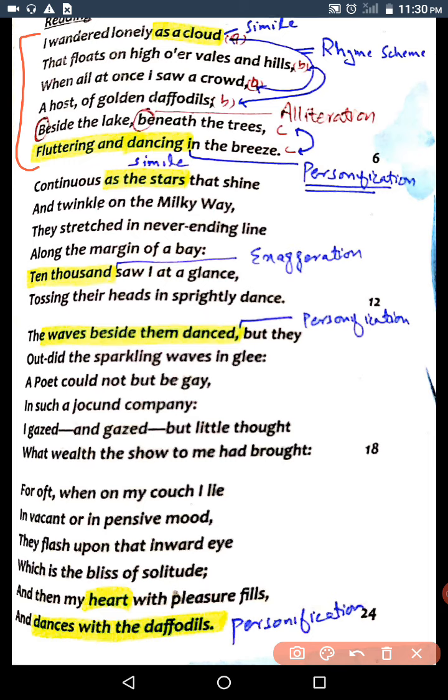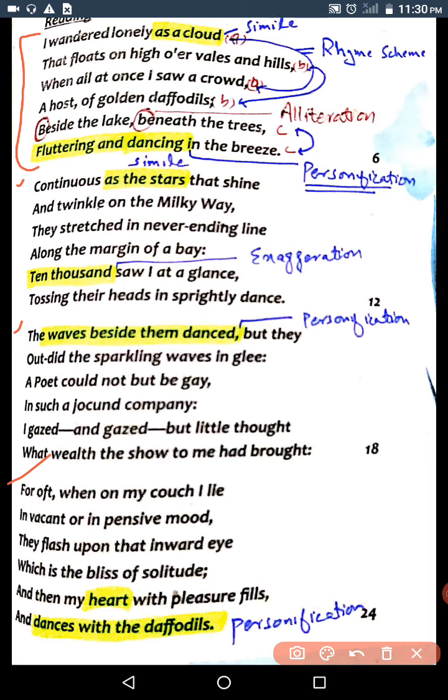In this stanza the poet just sees the daffodils. That is the single idea. The rest of all these sentences are the extension of the daffodils, either what the poet was doing and how he came, but the idea is that he saw daffodils. Okay, so this is a stanza. So 1 2 3 4. So in this poem we are having 4 stanzas.